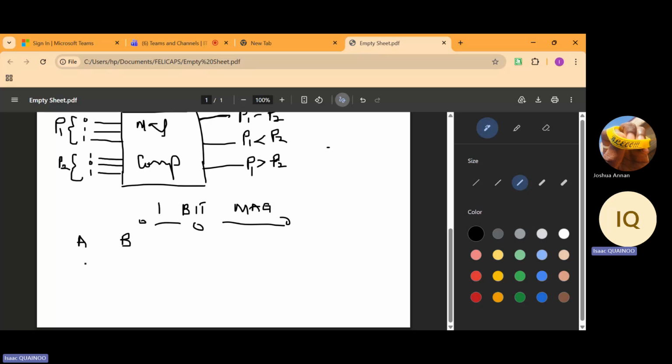And you know the inputs are always going to be classified into A and B, right? So you have A and B, and then your corresponding outputs will be classified in the form A equals B, A less than B, and A greater than B.